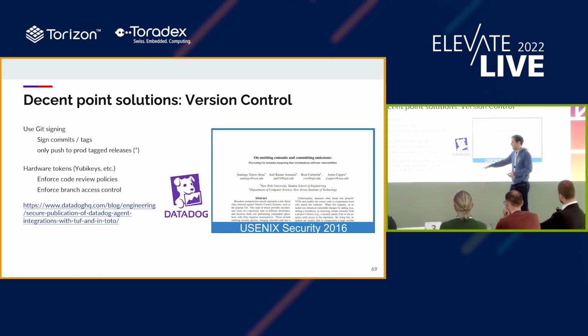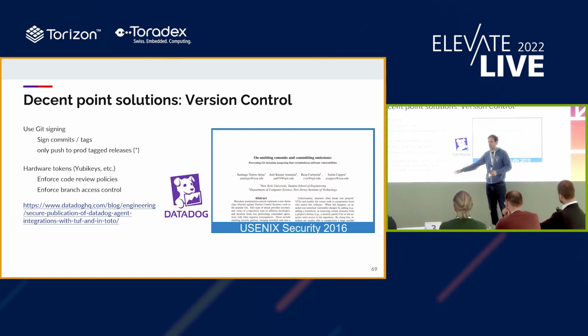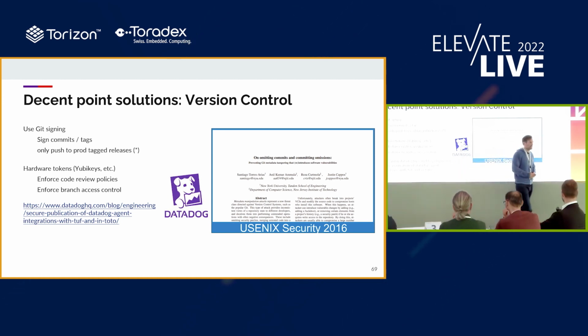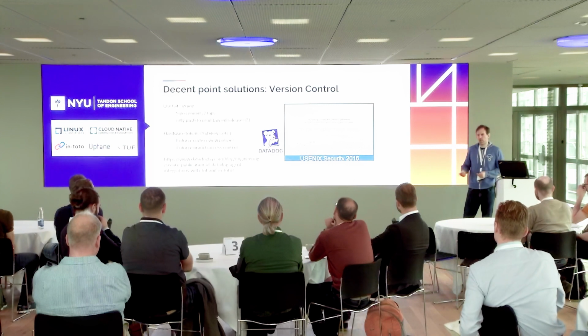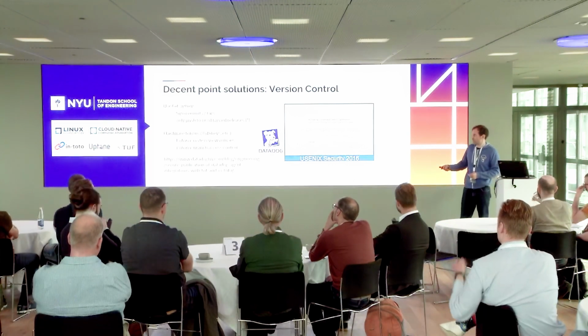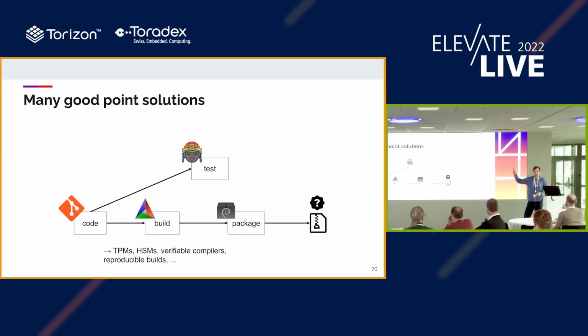And there's a great blog post I put here by a group that did a very detailed integration of all of this that talks about all the pain points they had and how things went and so on, if you're interested in more information. So you can kind of solve your version control issues maybe 70 to 80% of the way of where they need to be by doing the steps described there.